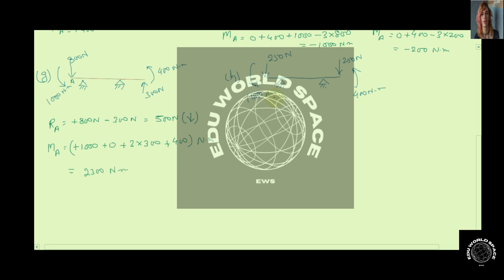Now in last part, reaction at point A will be, since both of these forces are acting in downward direction, we can directly add them, and this comes out to be 500 Newton, and that is in downward direction.